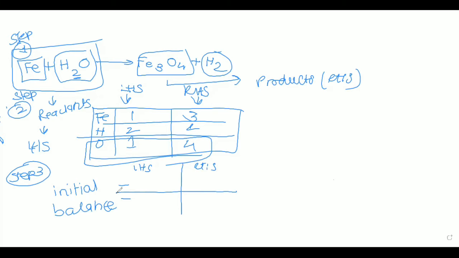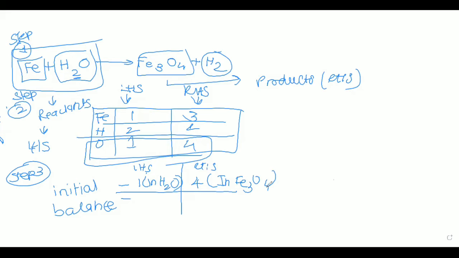Okay, now in initial, we have 1 O in H2O. Okay, O, we have one atom and that is in H2O. And in the RHS part, we have 4 that is in Fe3O4.